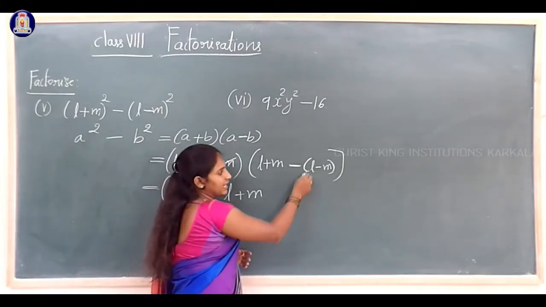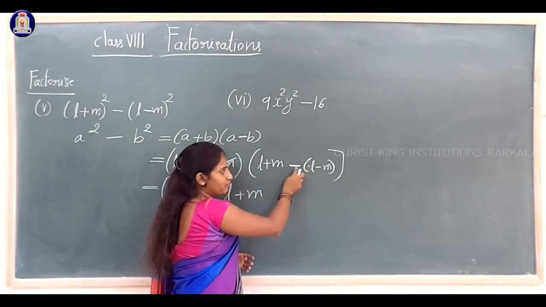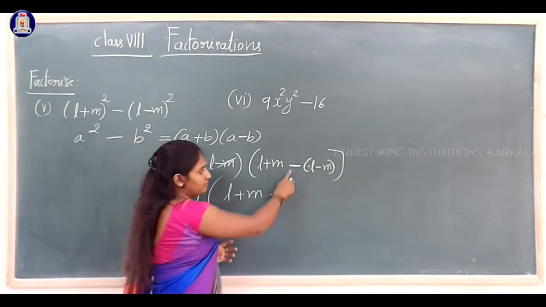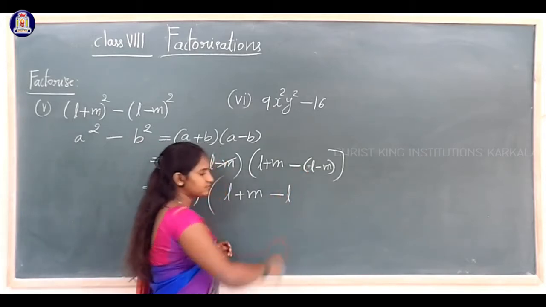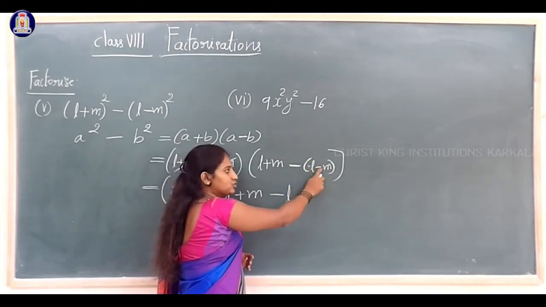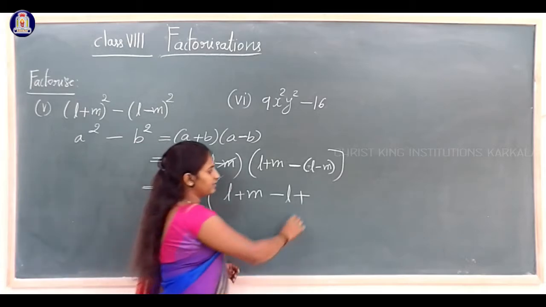What is the sign of L? The sign of L is plus. So plus into minus is minus L. Similarly, multiply minus into minus, which is plus, so variable m.